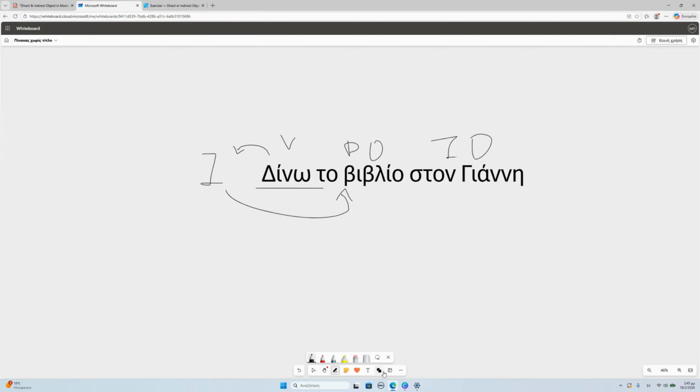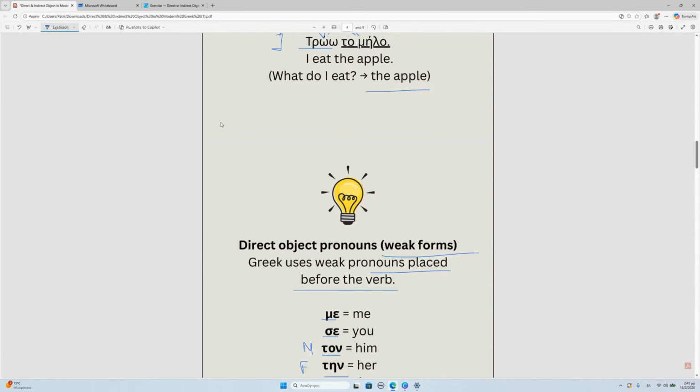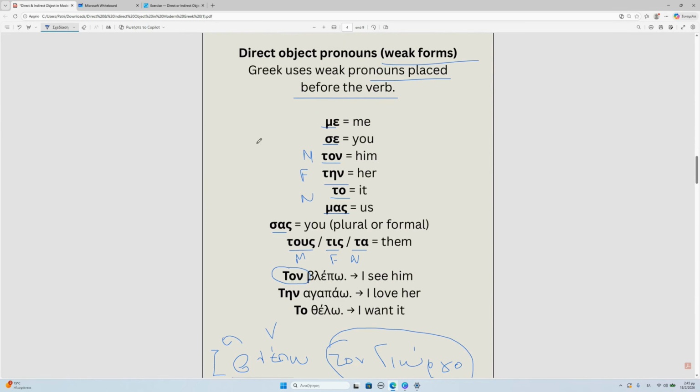Let's go step by step and replace each one. Let's replace first the direct object. Δίνω το βιβλίο στον Γιάννη. Βιβλίο is το βιβλίο. Let's start with the direct object. If we want to replace it, it will be το.